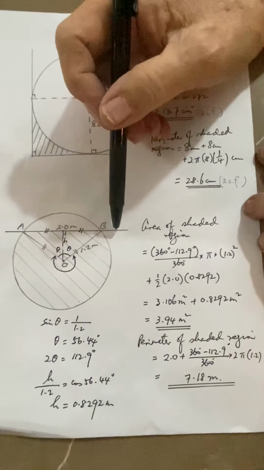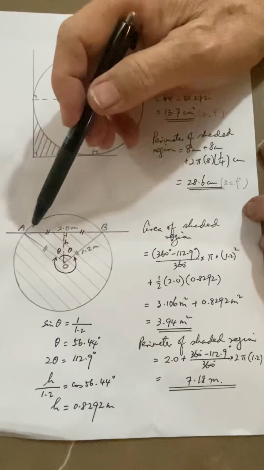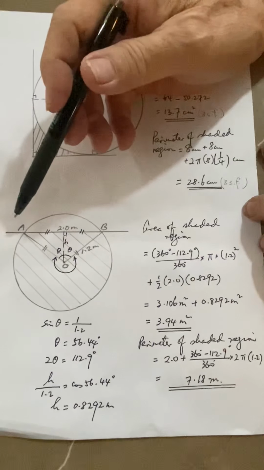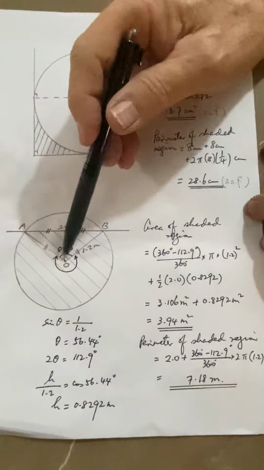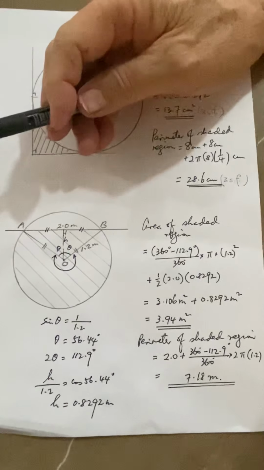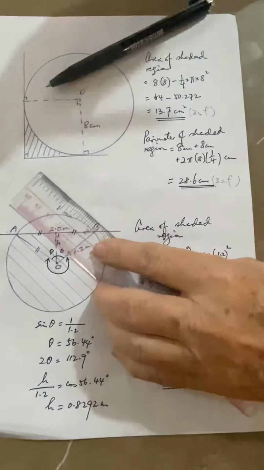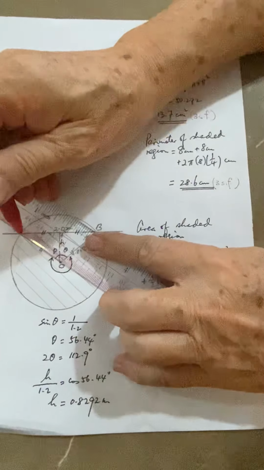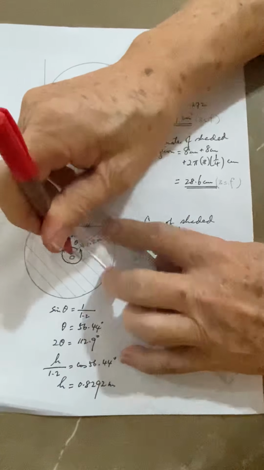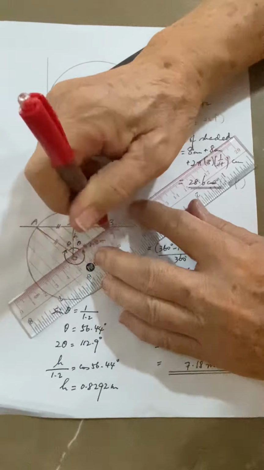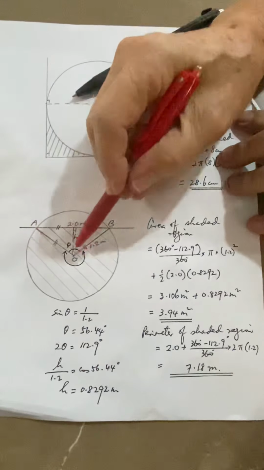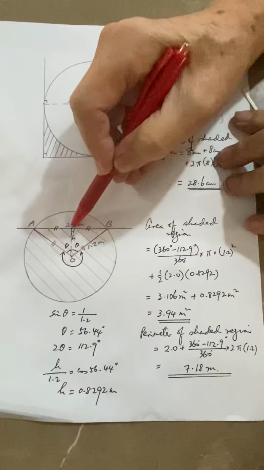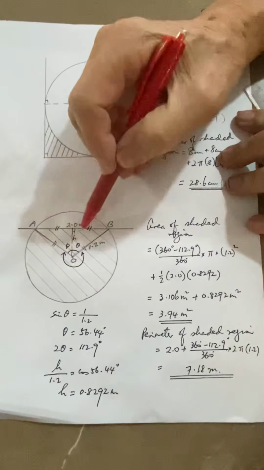This is a popular question. It's like a piece of log floating in the river. Alright. So if you want the area of the shaded region, look here carefully. Your formula can only give you this major sector, right? So we try to find theta first by dropping a perpendicular and dividing this into 2.